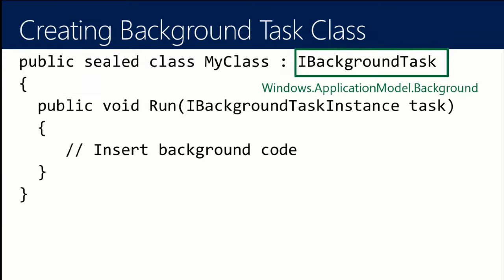The IBackgroundTask and most of your background task objects are found in the Windows.ApplicationModel.Background namespace. And the IBackgroundTask has a single method. It's a Run method. The Run method passes in a task instance, which is the process that's actually running that task at the given time. So it gives you a little bit of opportunity to hook in some events and keep track of what's going on there.